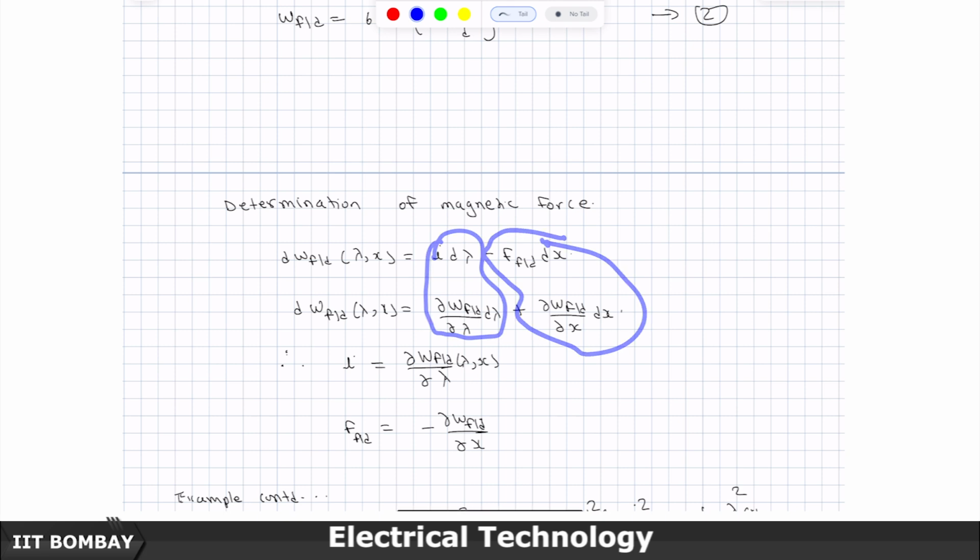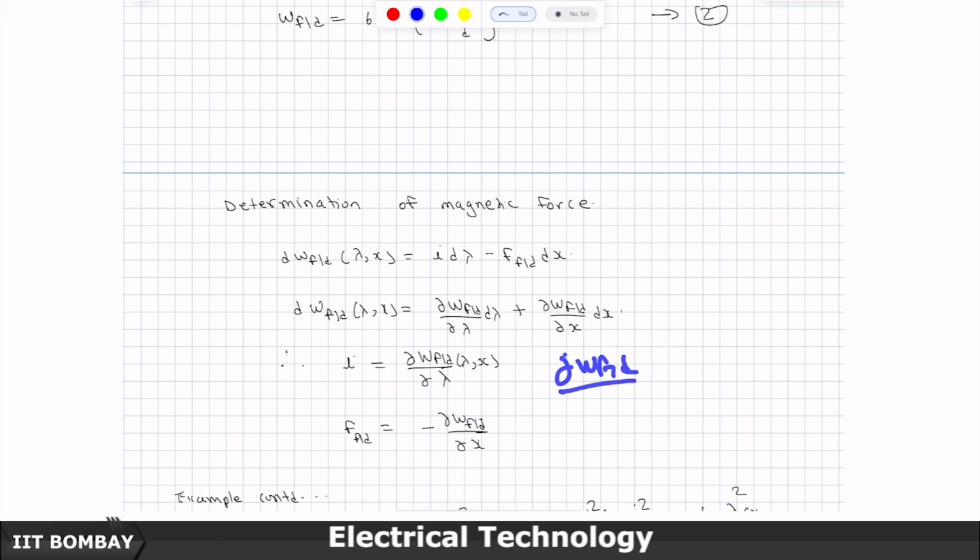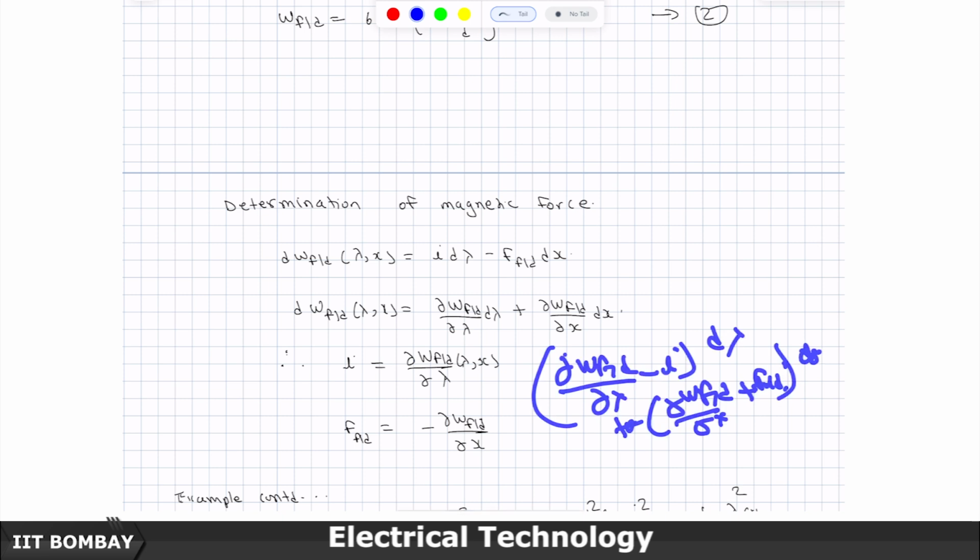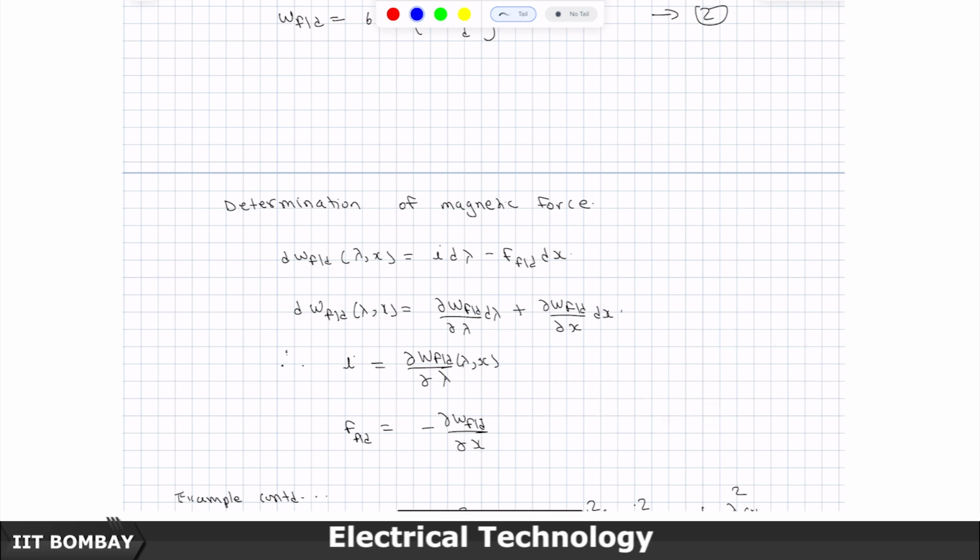That means I get dW_fld by d lambda minus i times d lambda, plus dW_fld by dx plus f_fld, or is it going to be minus or whatever, dx, is going to be equal to 0. Just check that sign a bit carefully, but this is what I will get.